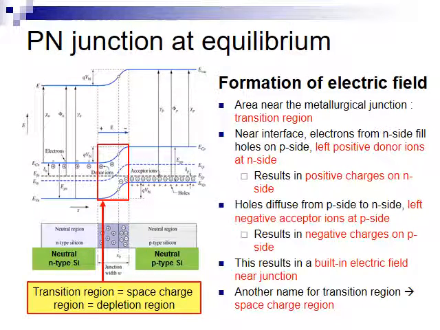The formation of electric field at the transition region has been discussed earlier. In short, as the effect from the diffusion of electrons from N side to P side and holes from P side to N side, separation of charge happens, and these two differently charged regions create an electric field across the transition region.